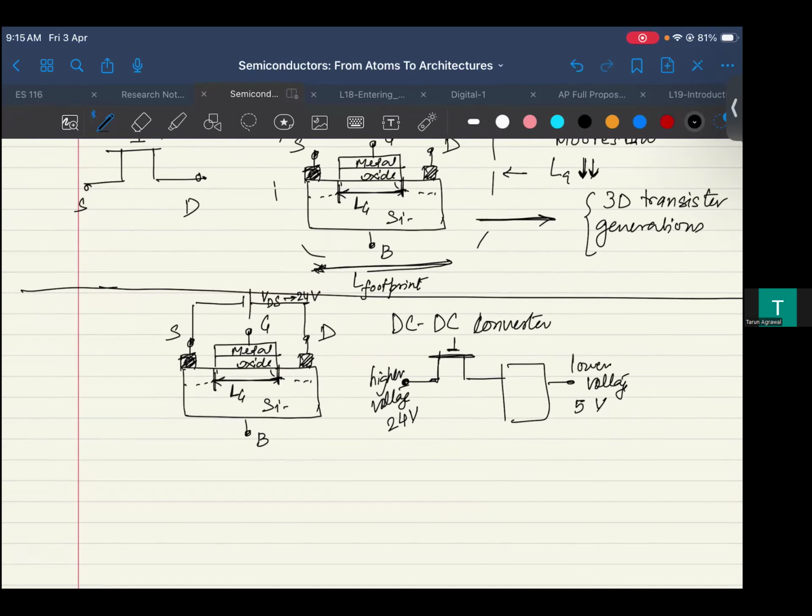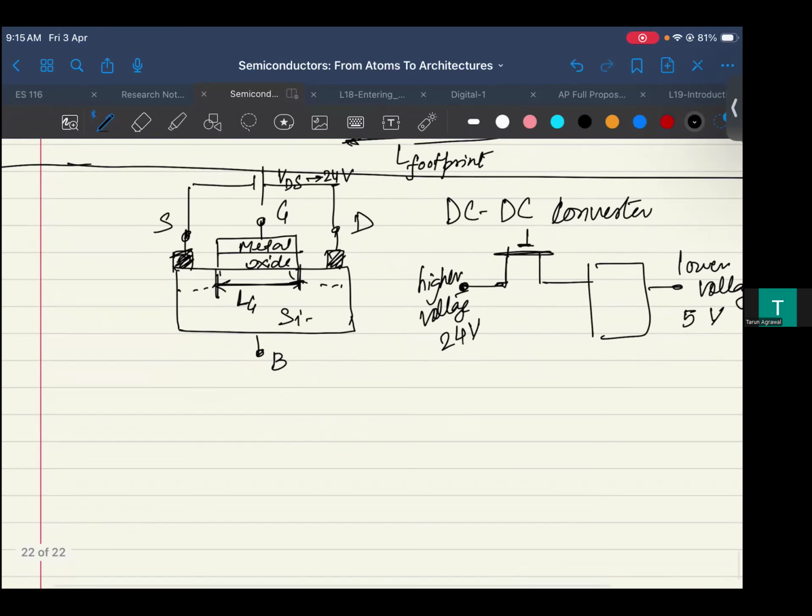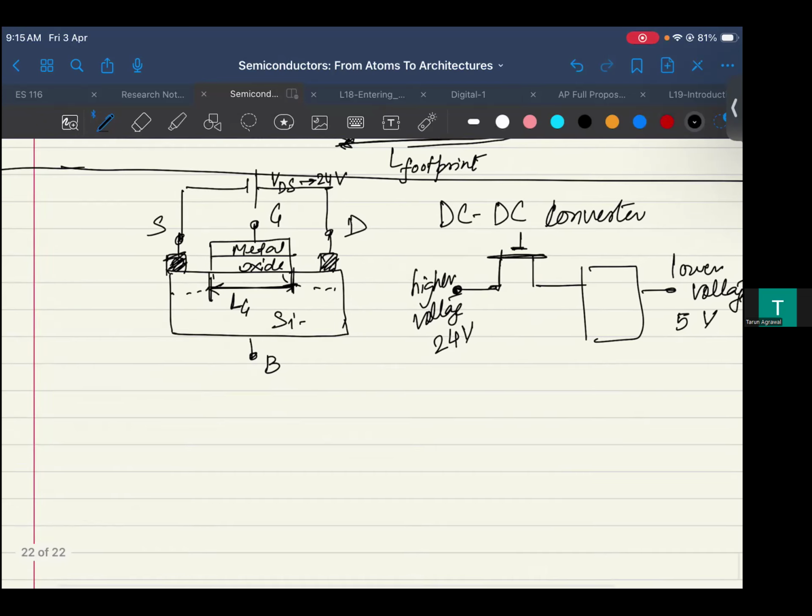What is going to happen to this transistor is what we talked about in another video on power semiconductors. The physics of what is happening in this transistor is in that video, which you can check out. I think the name of the video is Introduction to Power Semiconductor Devices.